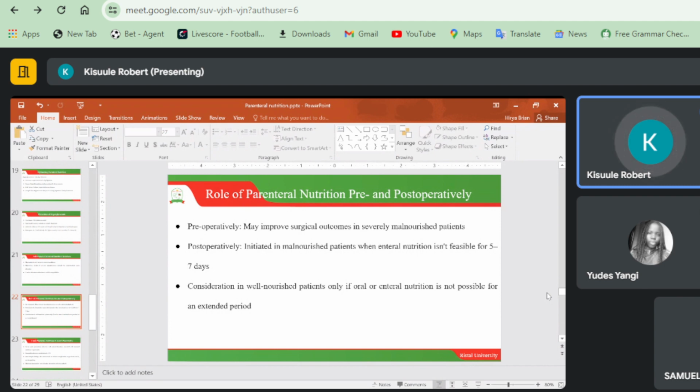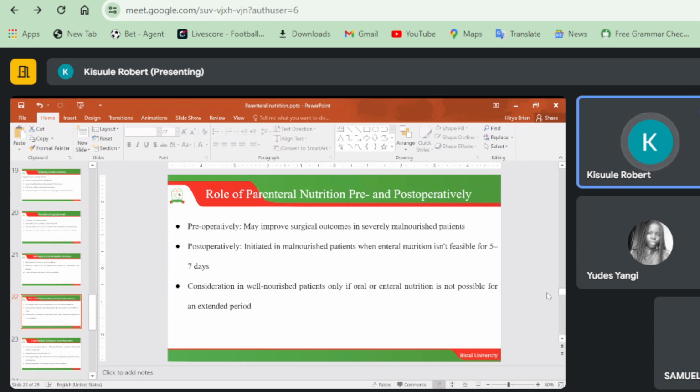The role of parenteral nutrition pre and post-operatively. Pre-operative is pre-surgically, or before you go into an operation. This may improve the surgical outcomes for severely malnourished patients. So here we give the feed before the person goes into an operating room. This is sometimes a step in preparing a person to go into the theater.